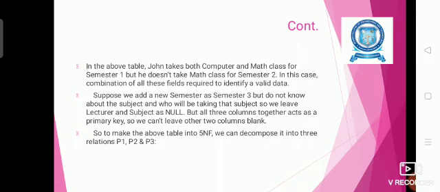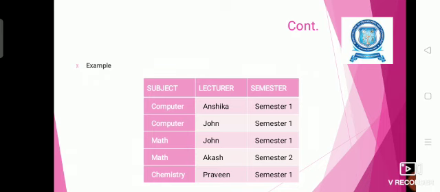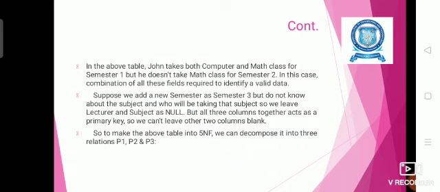So here the problem is, in this relation the combination of all three attributes is required to identify the valid data. Suppose we are adding a new semester, semester 3, but we don't know the subject, and we don't know who will be taking the particular subject.